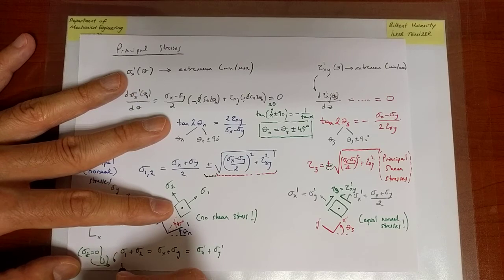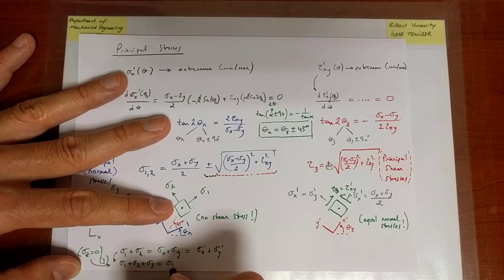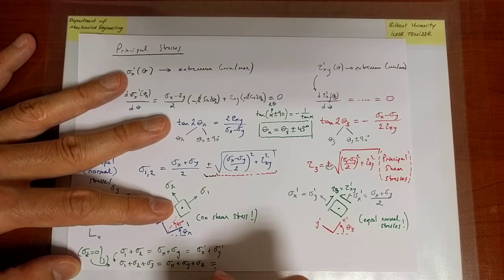So in general, sigma 1 plus sigma 2. In 3D, there will be 3 principal stresses, you'll see. And there will be 3 normal stresses. Those normal stresses are x, y, z with respect to the original picture or with respect to some arbitrary rotation.